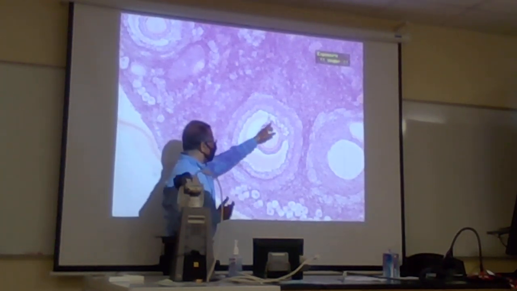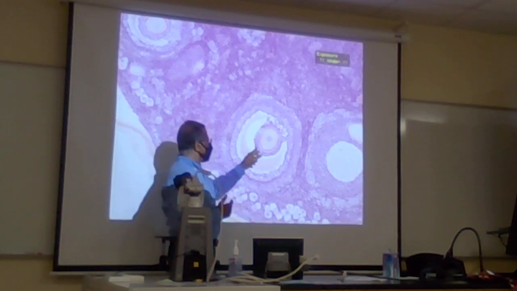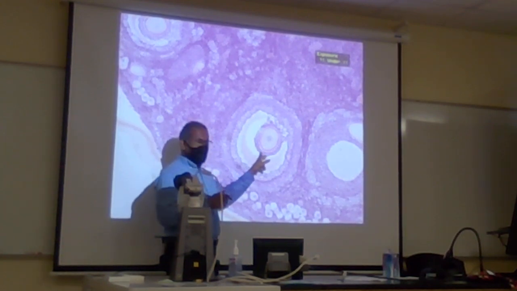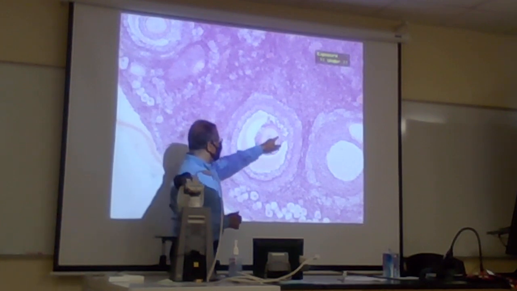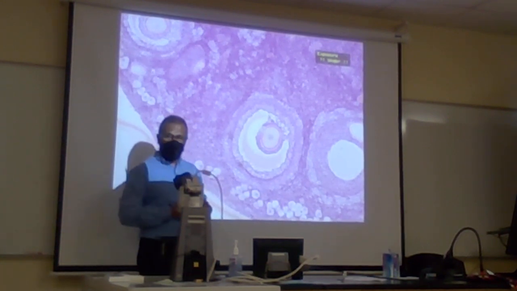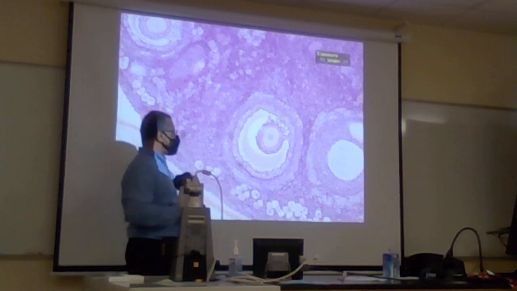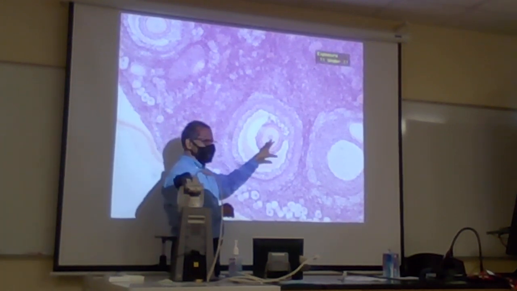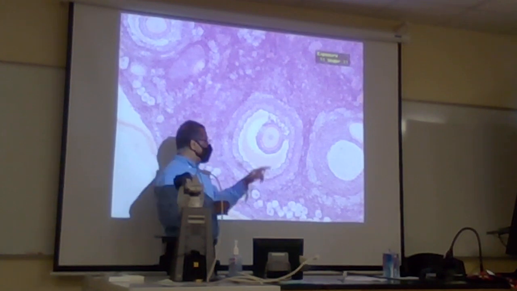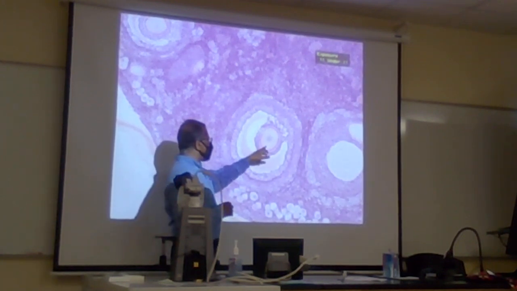What is this layer called? Corona radiata, right? So this is the corona radiata. And what is this pink circle? Zona pellucida. If this is a tertiary follicle, a Graafian follicle ready to ovulate, what would this cell be?